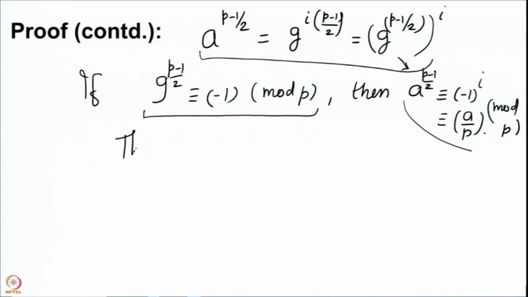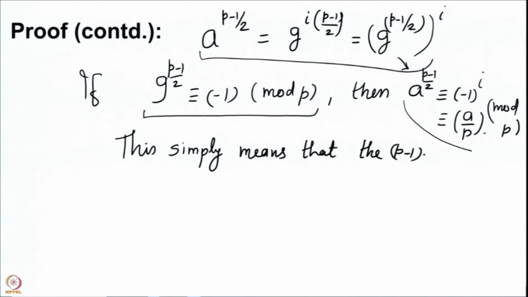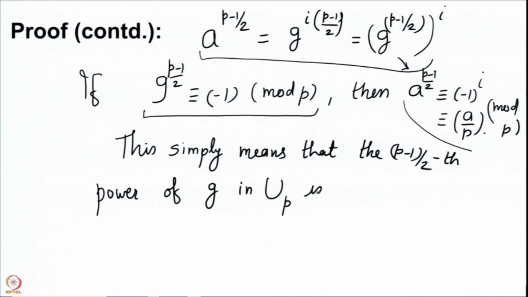So this simply means that the p minus 1 by 2th power of g inside UP is equal to minus 1.